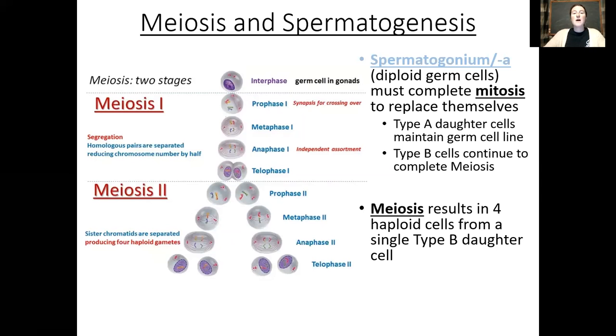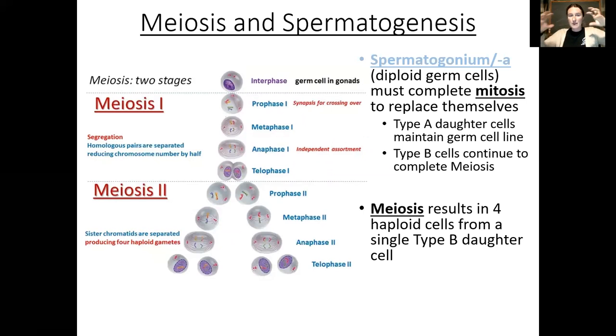There are a couple other places within meiosis that are going to ensure that we get 4 unique gametes, 4 unique sperm. The next place is in anaphase 1, and this is called independent assortment. Essentially, different chromosomes are going to line up in different parts of the metaphase plate, just completely by chance, and these ones are going to be pulled in this direction, these ones in this direction.